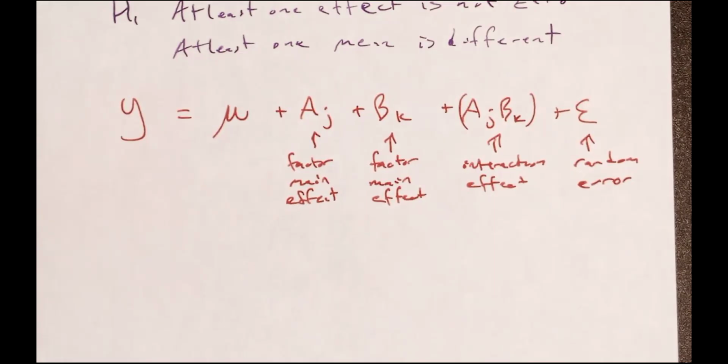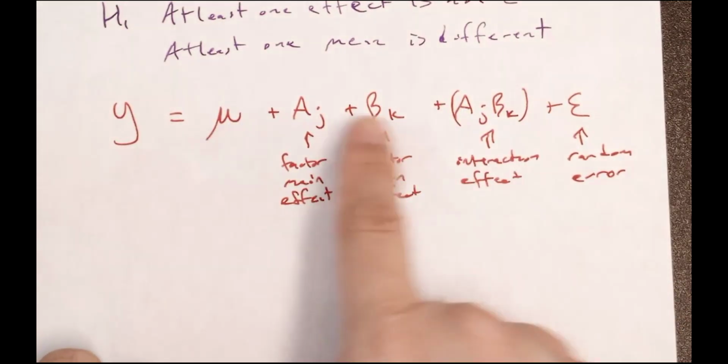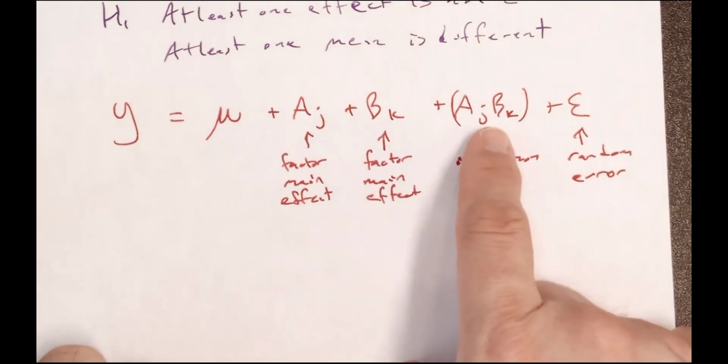Okay. This is, in effect, the equation of a line. This number is this one plus some effect multiplied by my row, multiplied by my column.